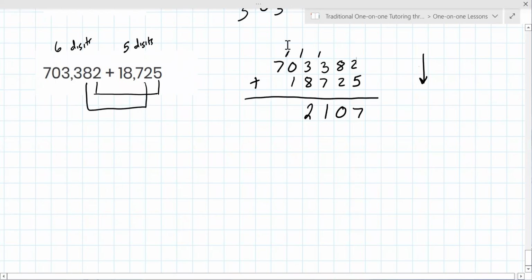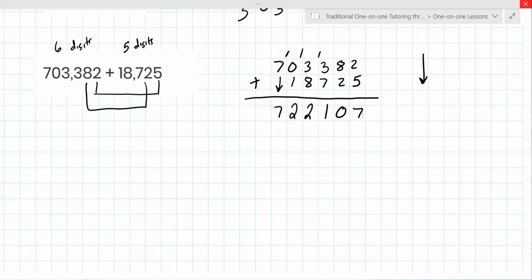Try again. 2. And when there's nothing to add, you just bring the number down. Any questions on that?